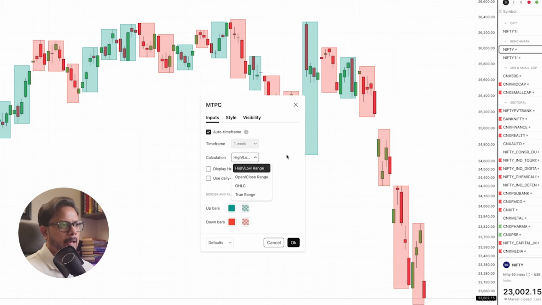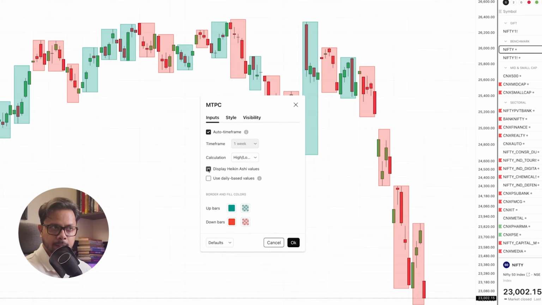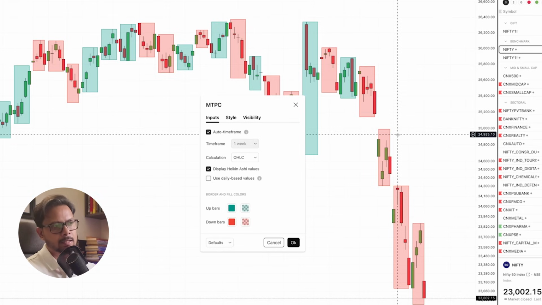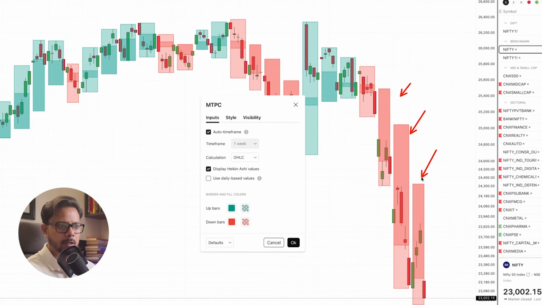Understood? And below this, if you want to move out of Japanese candlestick chart and you want to display Heikin Ashi, then it will go to Heikin Ashi. And in that case, if you go OHLC, you will be able to see behind these candles how that week's Heikin Ashi is playing out. Last but not the least, use daily based values.